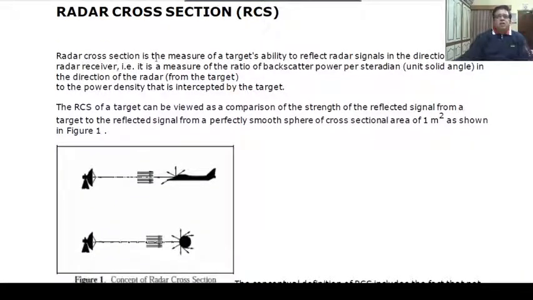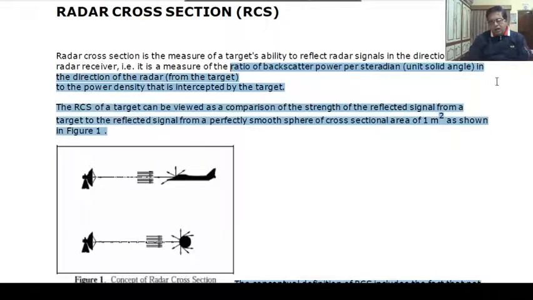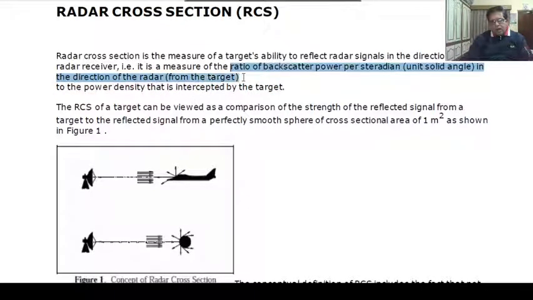Just see this definition. Radar cross section is the measure of the target's ability to reflect radar signals in the direction of the radar receiver. It is a measure of the ratio of backscatter power per steradian, that is per unit solid angle, in the direction of the radar from the target to the power density that is intercepted by the target.